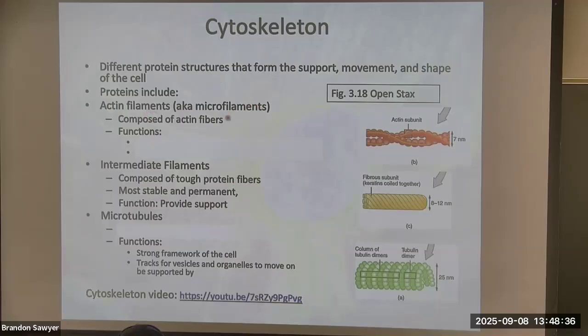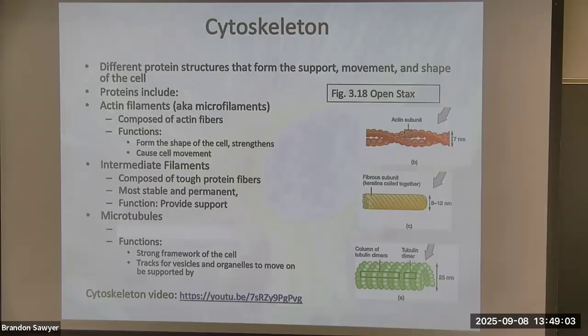These are made of the protein actin, the same one we find in our skeletal muscle. We'll talk later about actin and myosin, which help us contract our muscle. The functions are to give the cell its shape, give it strength, and allow the cell to move in cases of cells that are able to move.